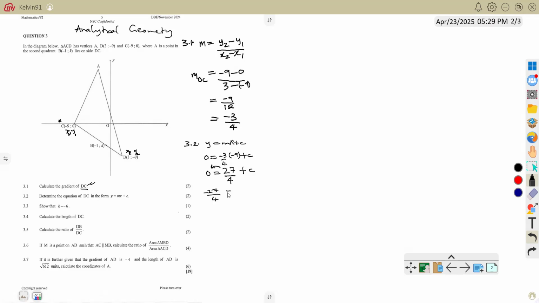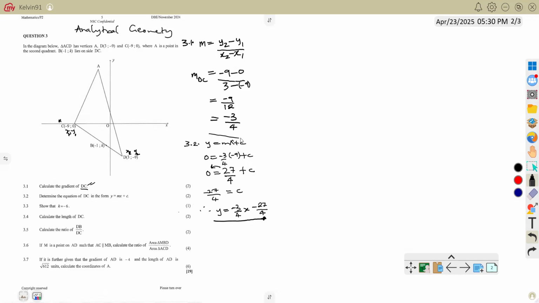This becomes our c. Therefore, the required equation is y equal to m, which is negative 3 over 4, x plus c. Our c is minus 27 over 4. And take note, this is the required equation.